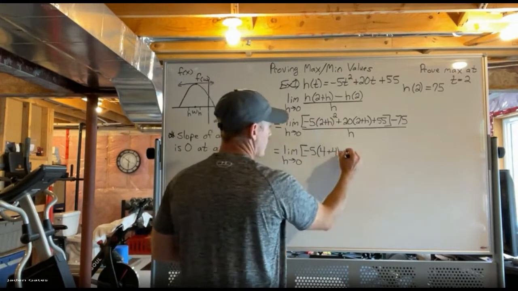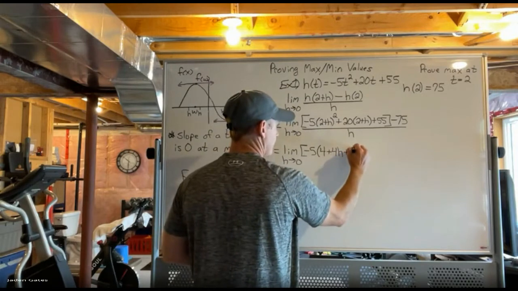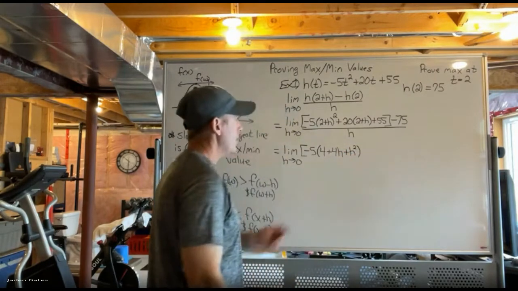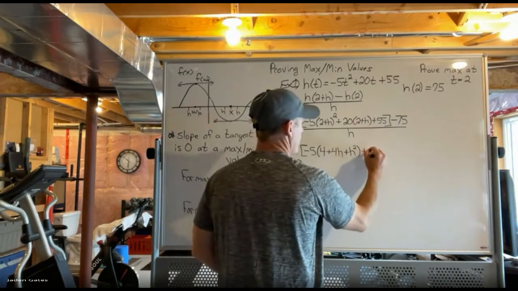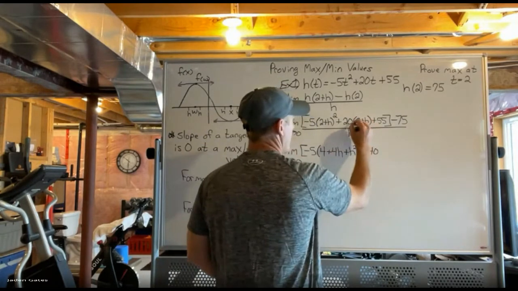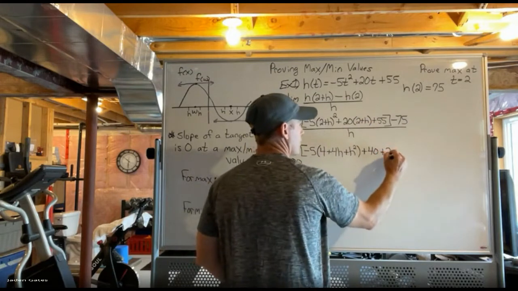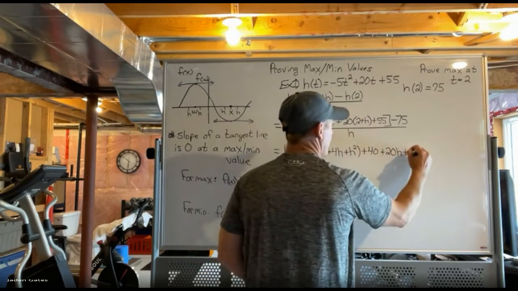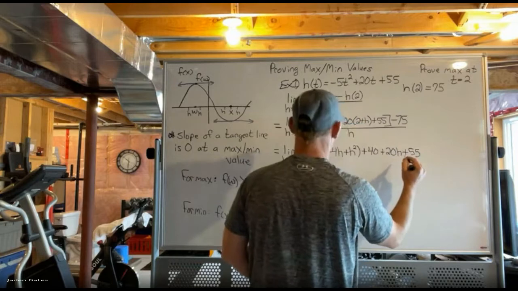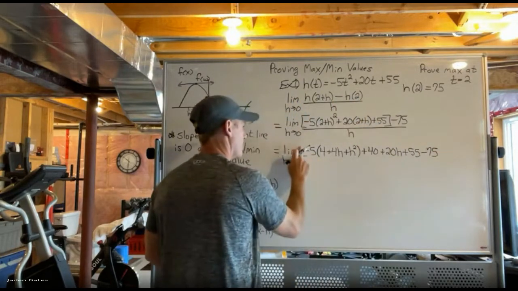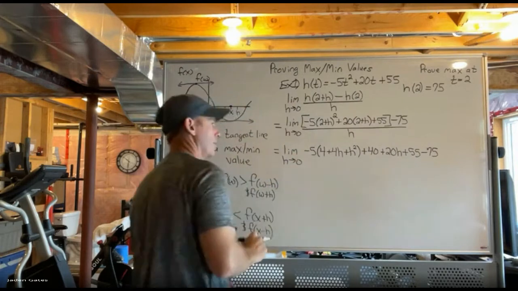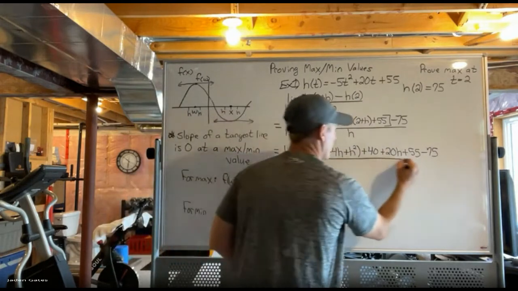Then I square the last term, so that's an h squared. Then I can simplify this part a little bit. 20 times 2 is 40. 20 times h is 20h. Plus I've got the 55, and I've got the minus 75. I don't even need this square bracket anymore. And of course, it's all over h.